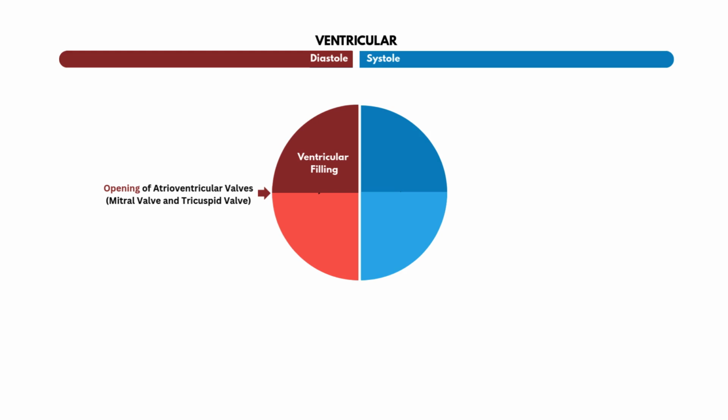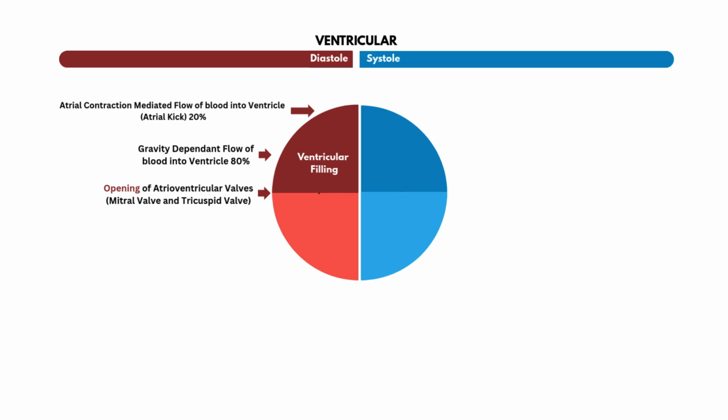This allows blood to fall down into the ventricles by gravity. 80% of blood usually flows into the ventricles just by gravity and the pressure gradient, that is the difference between pressure in the atria and the ventricles, with that of the ventricles being less at this point. The remaining 20% of the blood is pushed down by atrial contraction. This is termed the atrial kick.